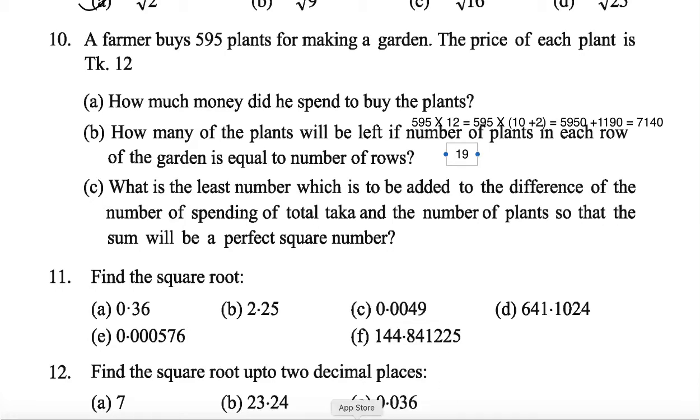What is the least number which is to be added to the difference of the total taka spent and the number of plants, so that the sum will be a perfect square?